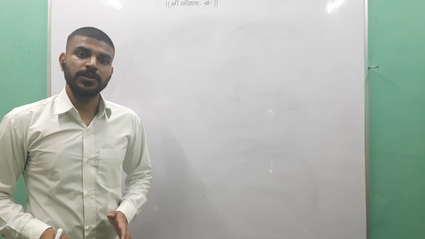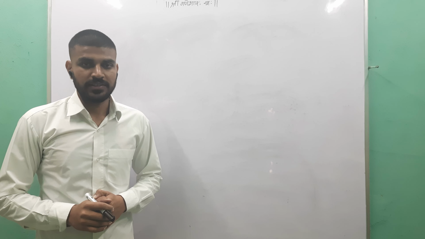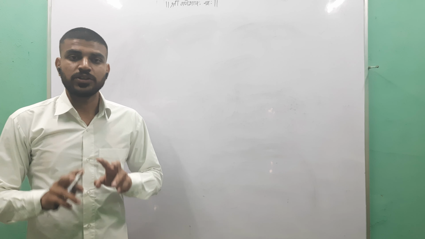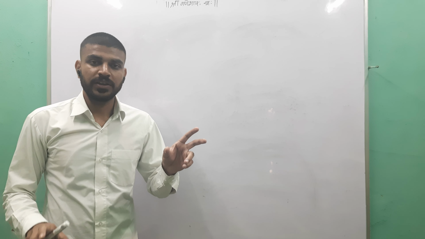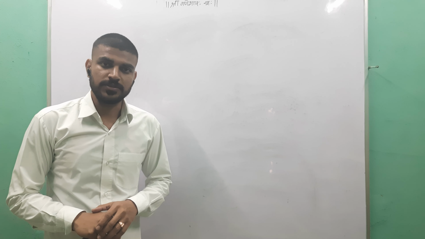Today we are going to study the fundamentals of inorganic chemistry, and that is chemical bonding and molecular structures. This chapter has two parts. One is chemical bonding, and the second is molecular structures of inorganic compounds.